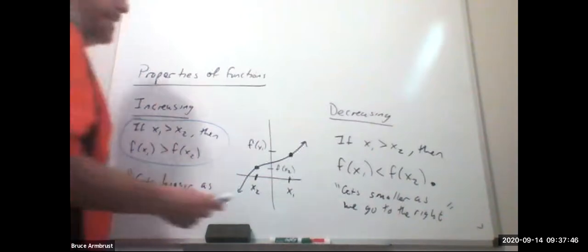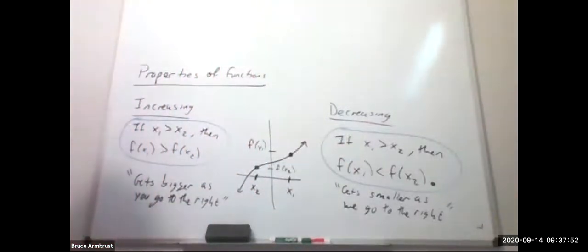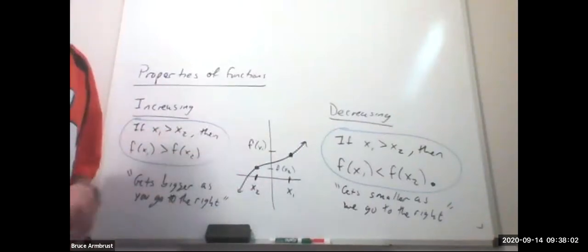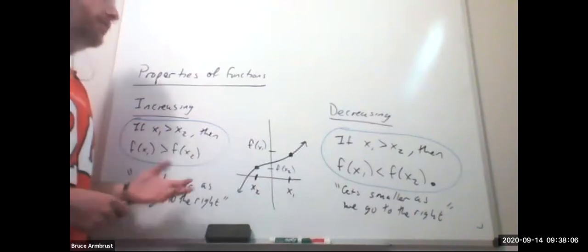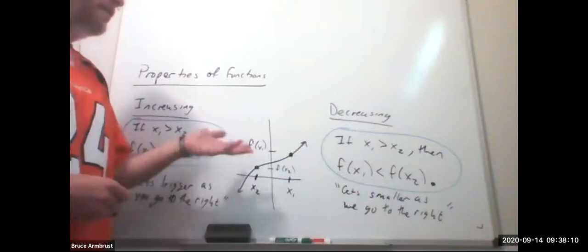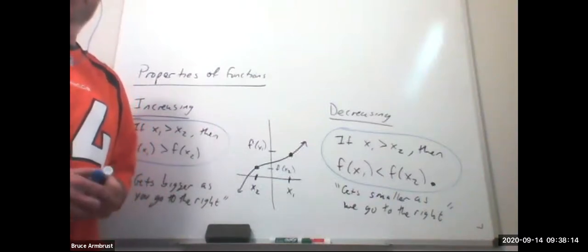So again, the mathy definition is this stuff with inequalities. But in words, it just gets smaller as we go to the right. So some functions are increasing, some are decreasing. Like I'm sure you can think of functions that you've seen in the past that do one or the other. There are also functions that are not increasing and decreasing. They can be constant.